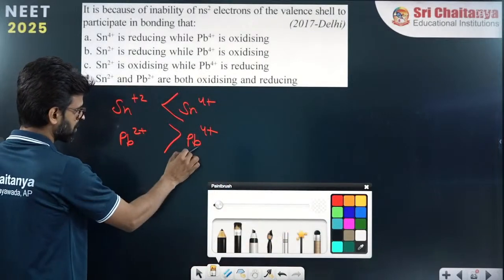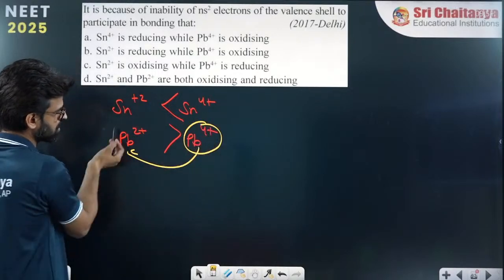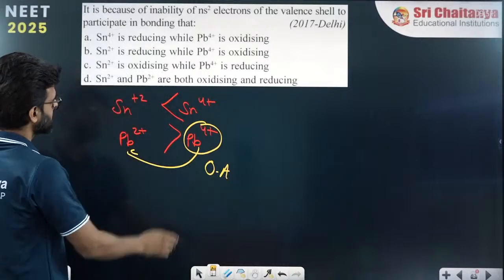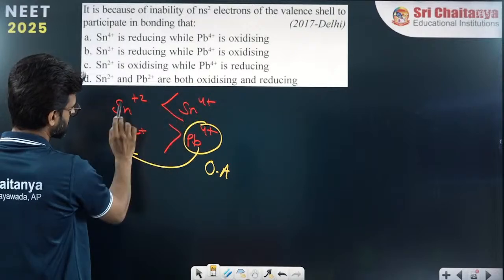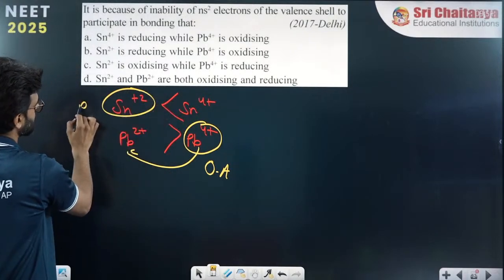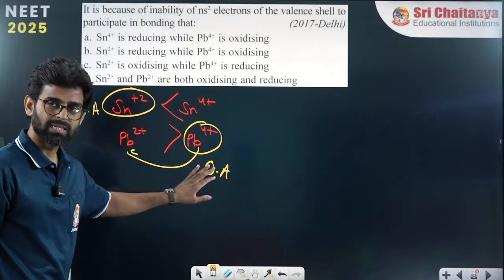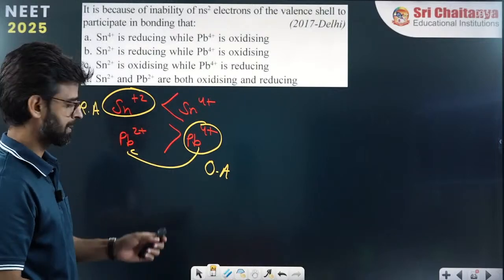Pb plus 4 wants to become Pb plus 2. That's why it wants to reduce and act as an oxidizing agent. And here Sn plus 4 is stable, so Sn plus 2 is not happy. It wants to do oxidation, so it acts as a reducing agent. So Pb plus 4 has oxidizing nature and Sn plus 2 has reducing nature, right?